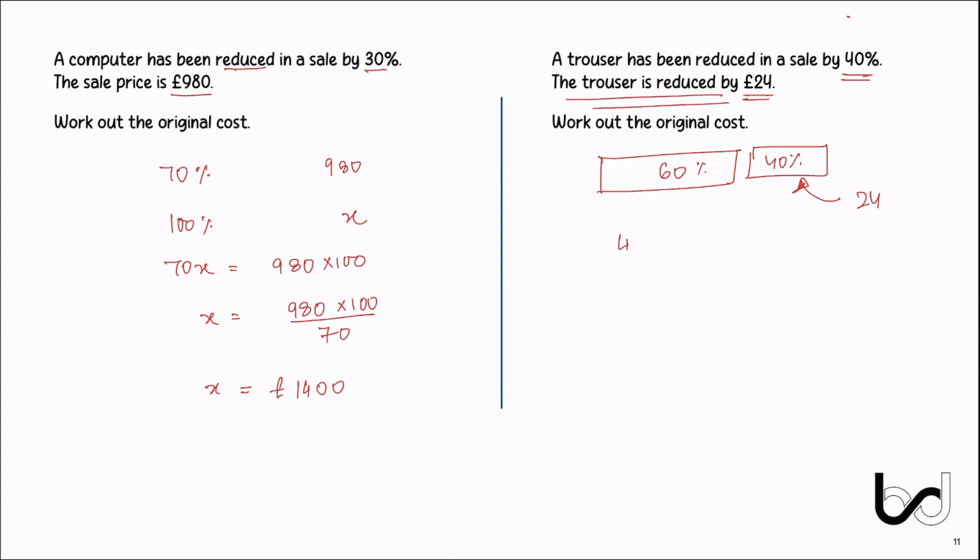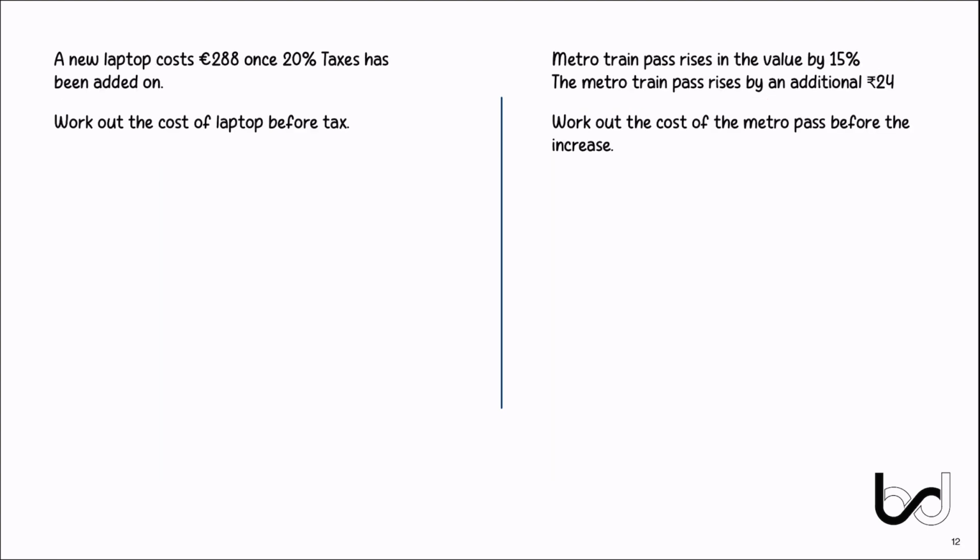So now you know 40% equals 24. If you assume 100% to be X, cross multiply: 40X equals 24 times 100. X equals 24 times 100 divided by 40. Simplify, this is 6, so X equals 60 pounds. Clear? Now again pause this video and try to solve.